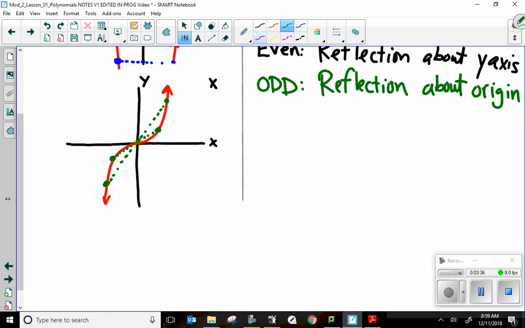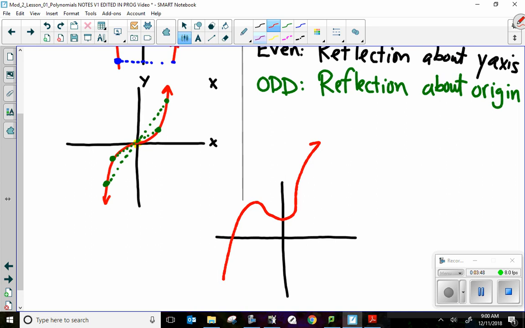So let me give you another example. It goes like this, like this, like this. That clearly does not reflect over the y-axis. Does that reflect through the origin? If I pick this point here and go, oh, shouldn't it be right here? It should be, it's not.